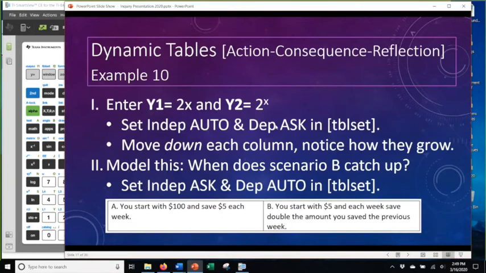So the table just gets filled in. I played around with that and discovered that if you change how you set this, set the independent to automatic, for example, and dependent to ask, you can fill in a column one at a time and ask students how the function is changing. So we're going to examine a linear and an exponential function.